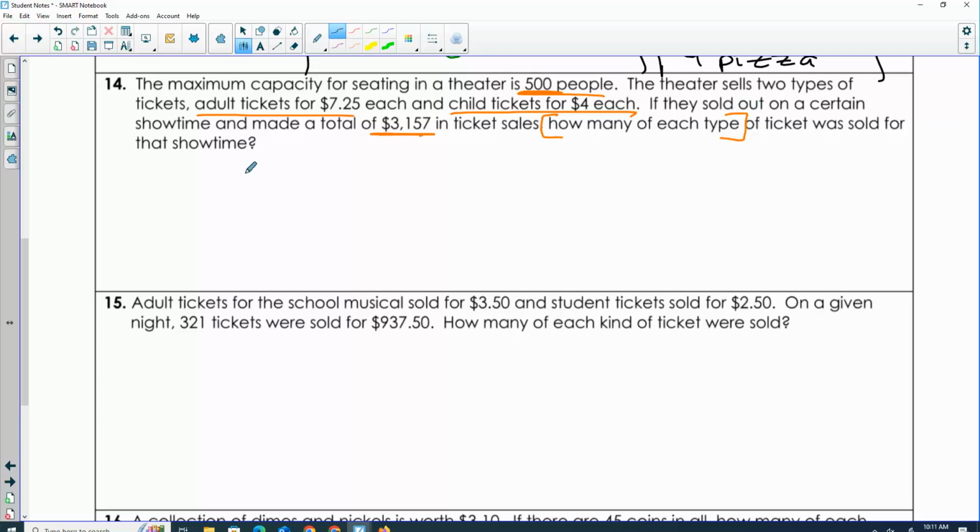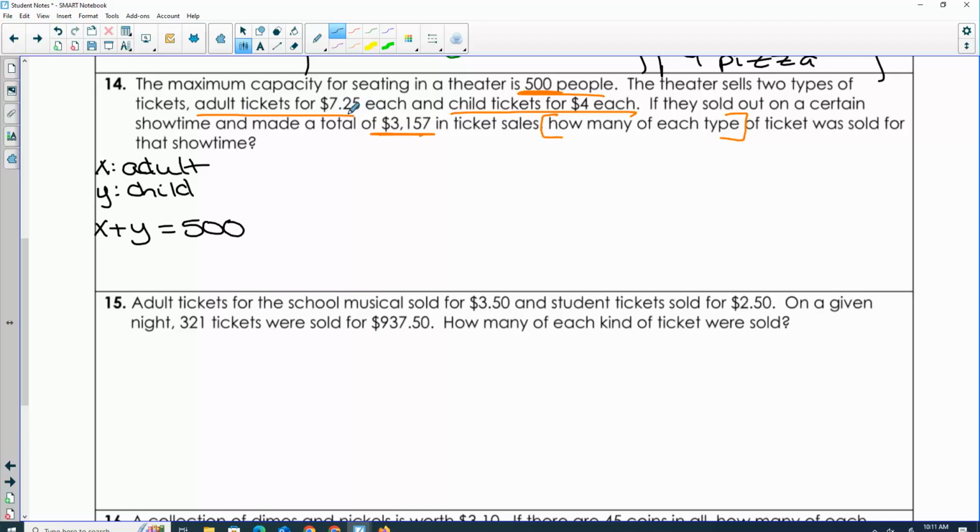So my variables are my types. What are the 2 types? Adult tickets and child tickets. Okay, so I'm going to say X is adult and Y is child. Now we need our equations. So the maximum capacity is 500 people. So what's that first equation? X plus Y equals 500. Then I get into the money.